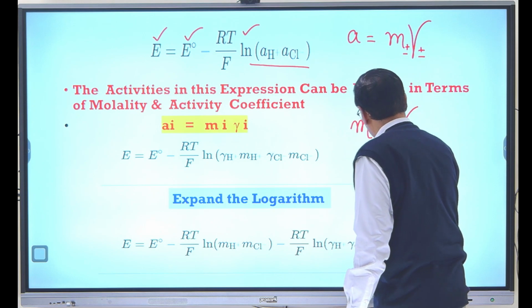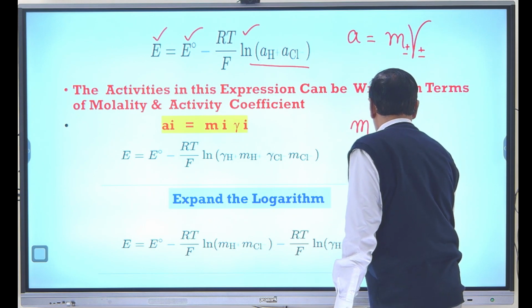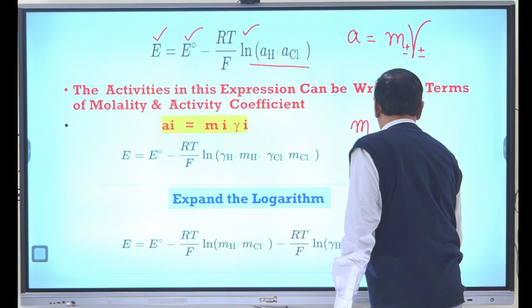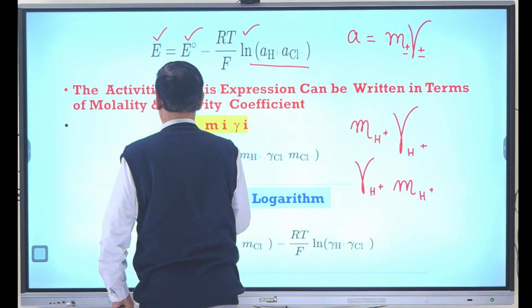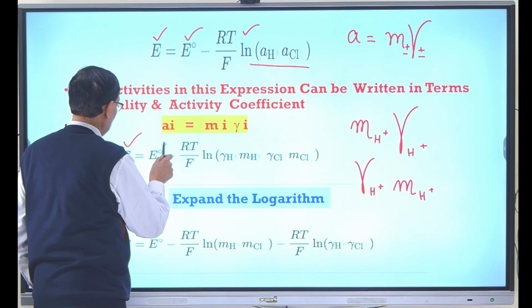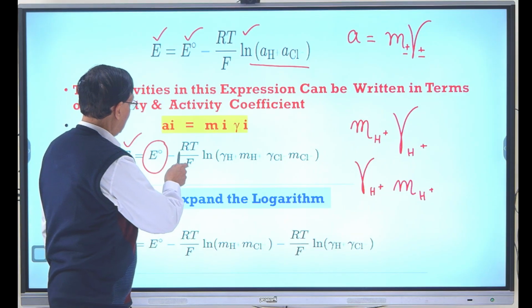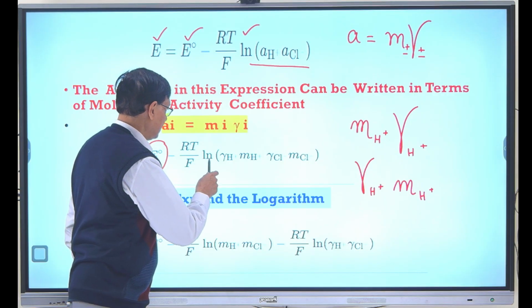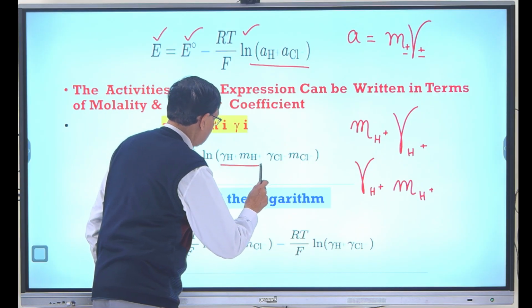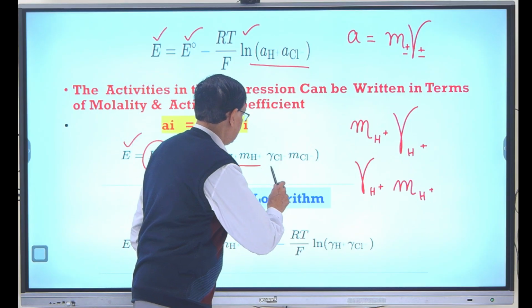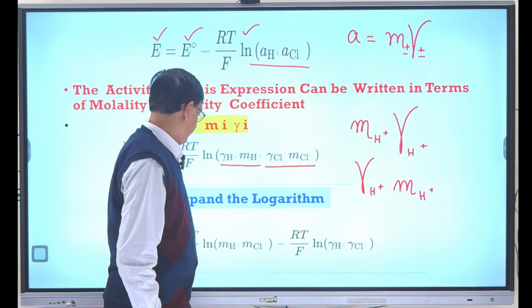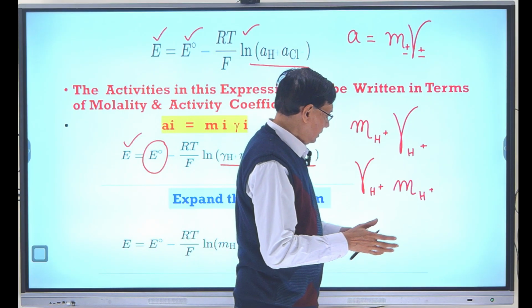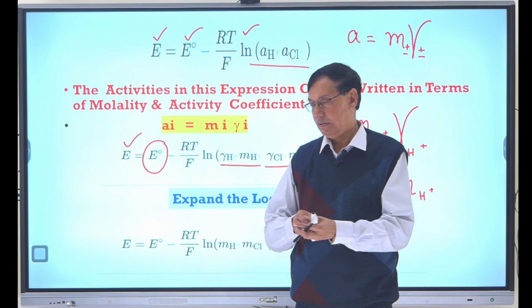You can write gamma hydrogen ion plus, or even simply plus. So I have written here E is equal to E0 minus RT/nF, natural log of, this is for hydrogen and this is for chloride, because our concentration is m. So now I am just separating these things.